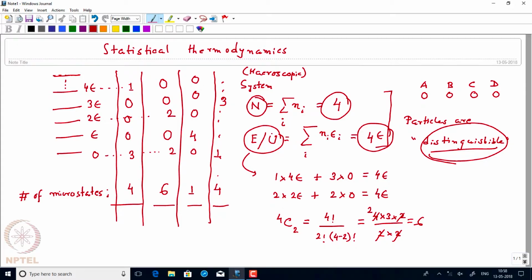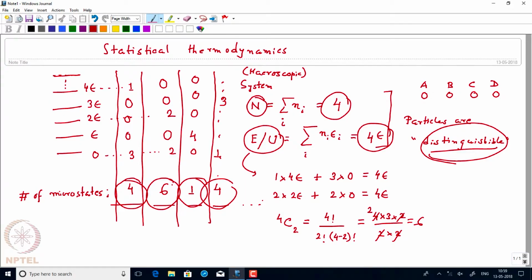Suppose there are 100 microstates totally available to our system. Out of these 100 microstates, suppose there are 3 distributions: one has 60 microstates, the other has 30, and the third has 10. Just the way we have drawn it vertically, this distribution has 4 microstates, this has 6, this has 1, and this has 4, and this will continue because we have not considered all the possibilities.